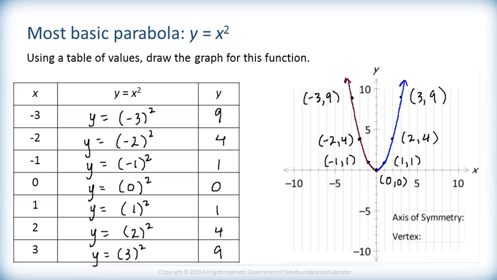So I've shown the other side in a little different color so that we can see the reflection of one to the other. The axis of symmetry is still at x equals 0, the same as it was in the earlier graphs that we looked at, and the vertex is at 0, 0. This is the most basic of all parabolic graphs. Make sure you are familiar with it and able to sketch it quickly.